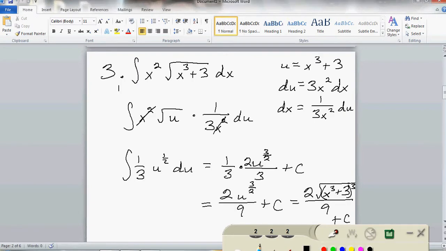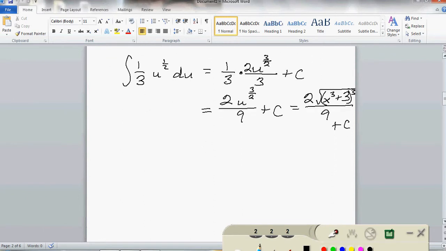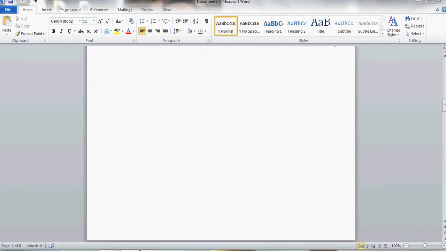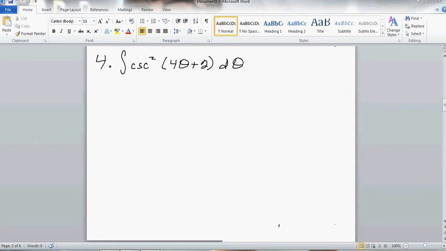Example 4. The integral of cosecant squared of 4 theta plus 2 d theta.